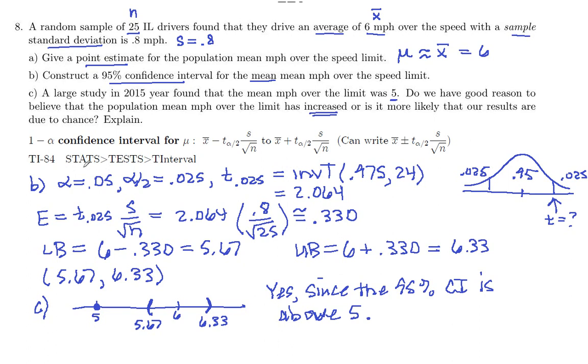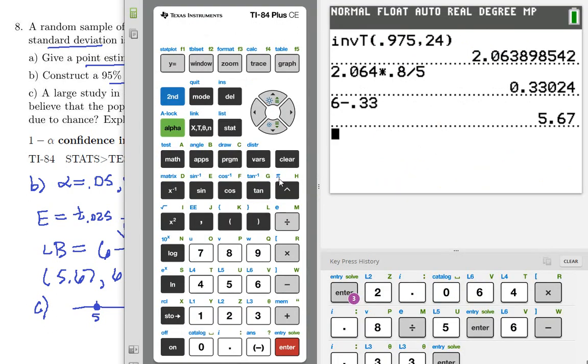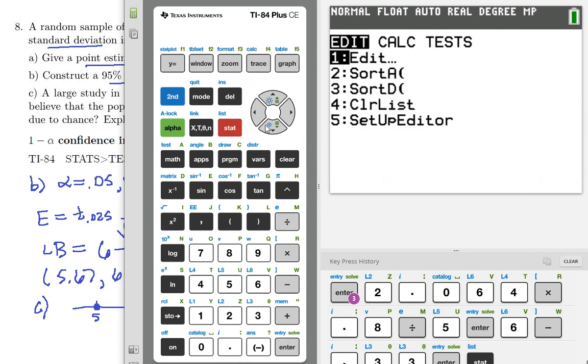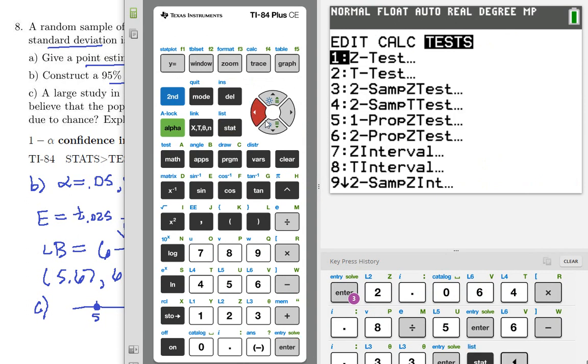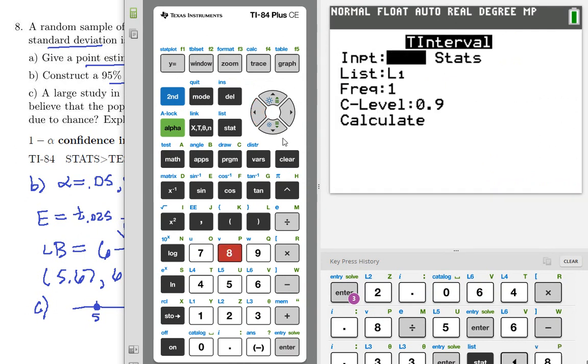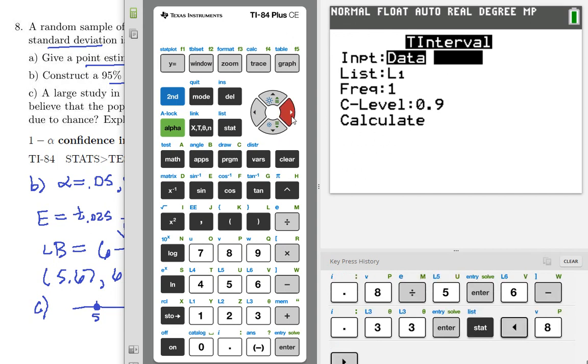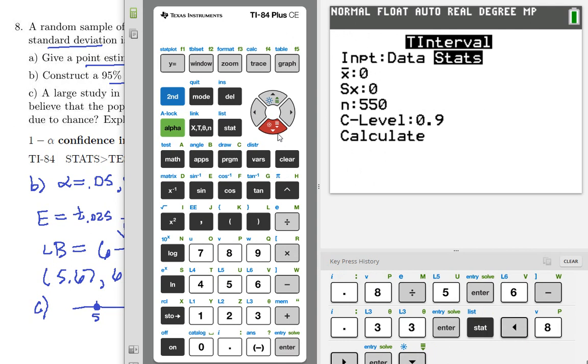Let's go ahead and compute this using the calculator, confirm our results from part B. So this is going to be a t interval. So we're going to go to stat and then tests. And we want a t interval right there, number 8. We are going to use summary stats. So enter, that's highlighted. Our x bar was 6.